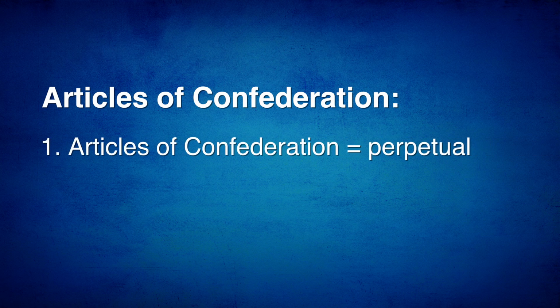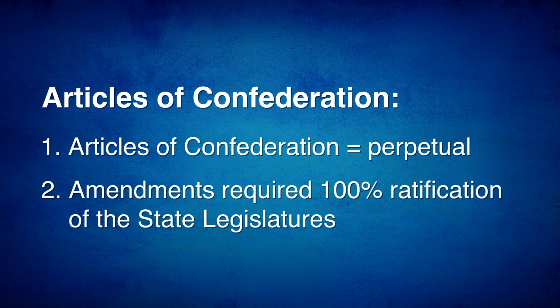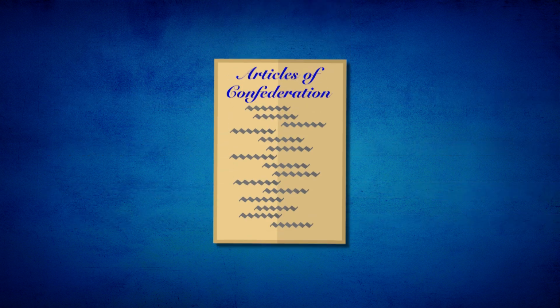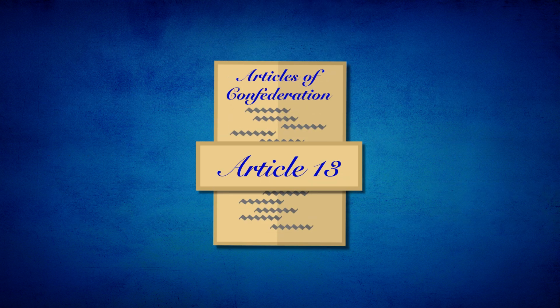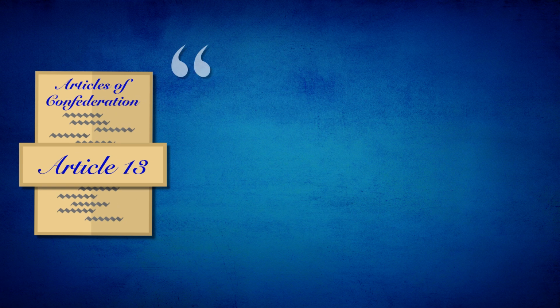There are two very important features of the Articles of Confederation. Number one, the Articles of Confederation was to be perpetual in nature. Number two, any amendments to the Articles of Confederation required 100% ratification of the state legislatures. Article XIII of the Articles of Confederation is where you will find both the perpetual language as well as the rules for amending.